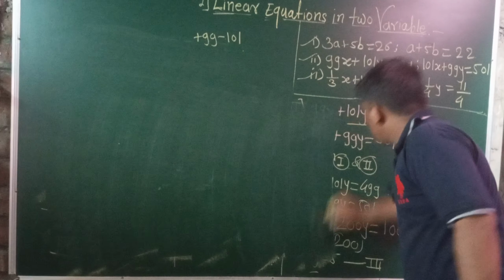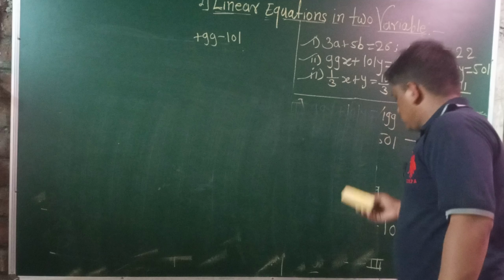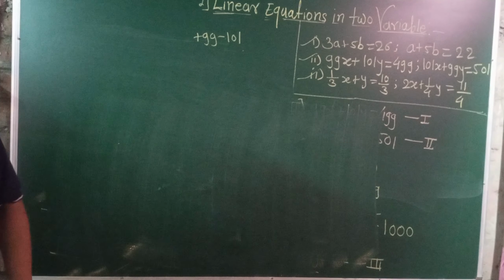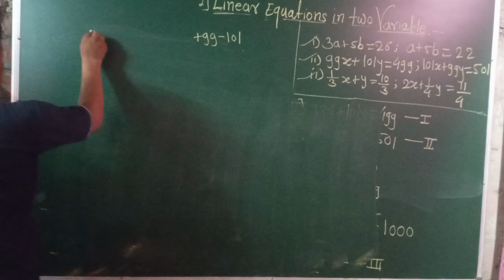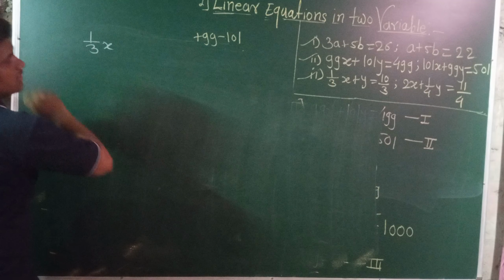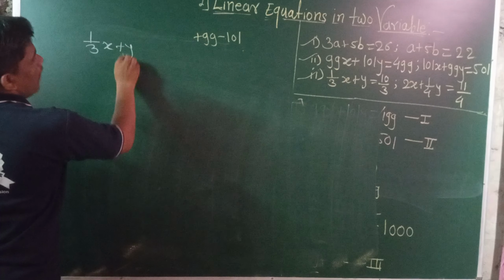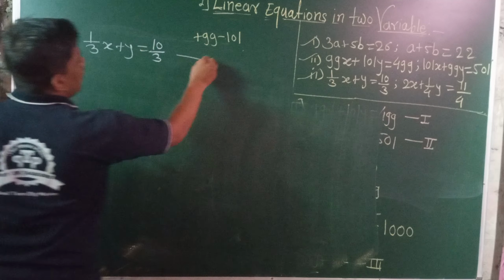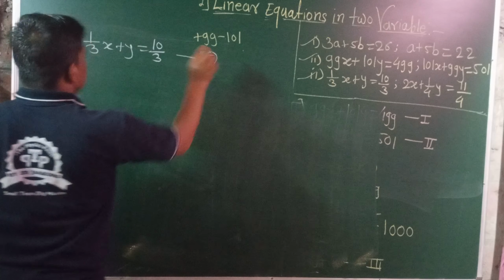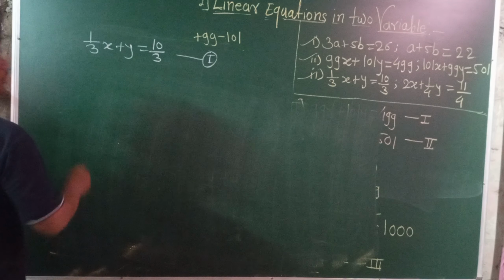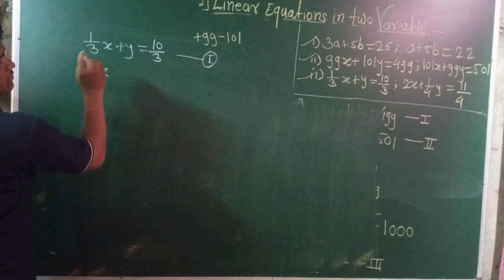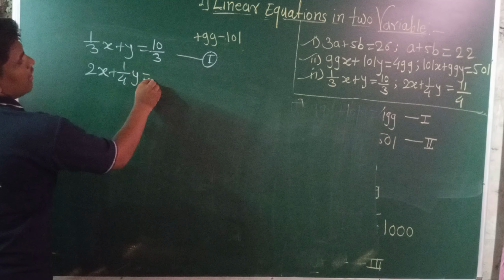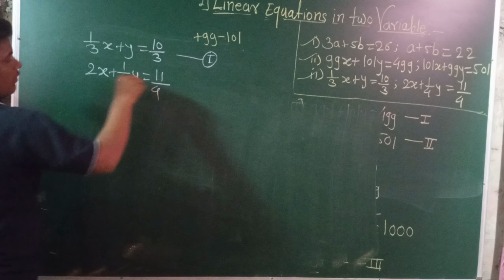Now, the third equation. In the first equation, 1 upon 3 x plus y equal to 10 by 3. This is equation number 1. And in the second equation, 2x plus 1 upon 4 y equal to 11 upon 4.